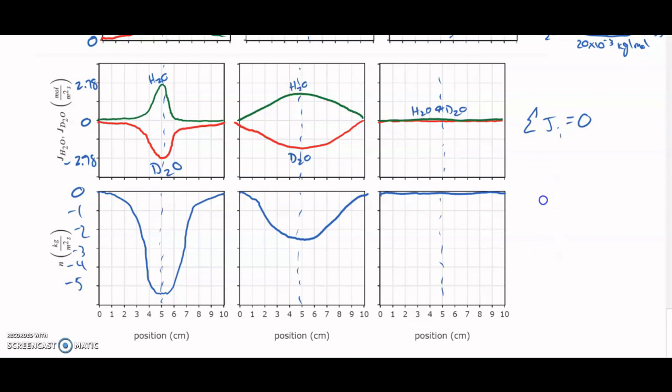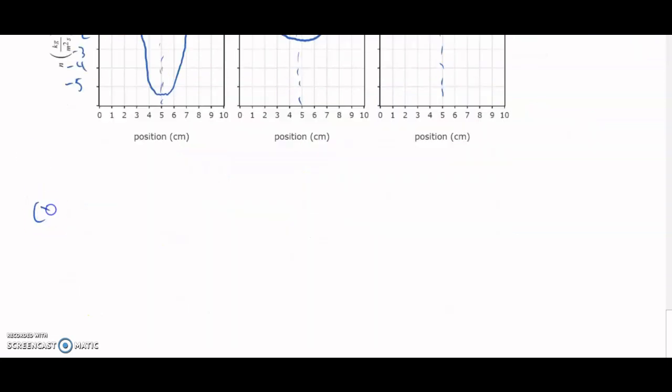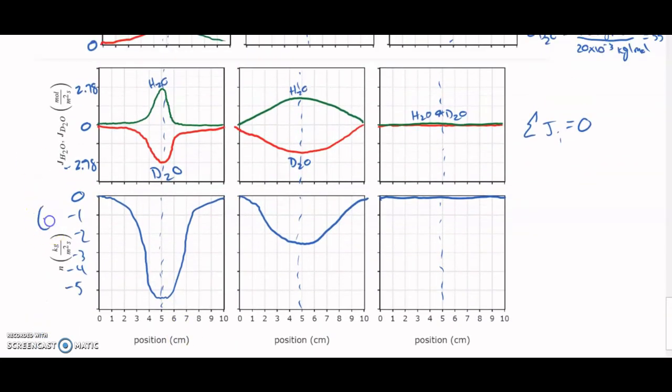Now the last profile is just one individual profile curve, and that is the overall mass flux. So from the calculation we did in problem 1, we found out that the overall mass flux is right around negative 5.5 times 10 to the negative 3 kilograms per meter squared times seconds.